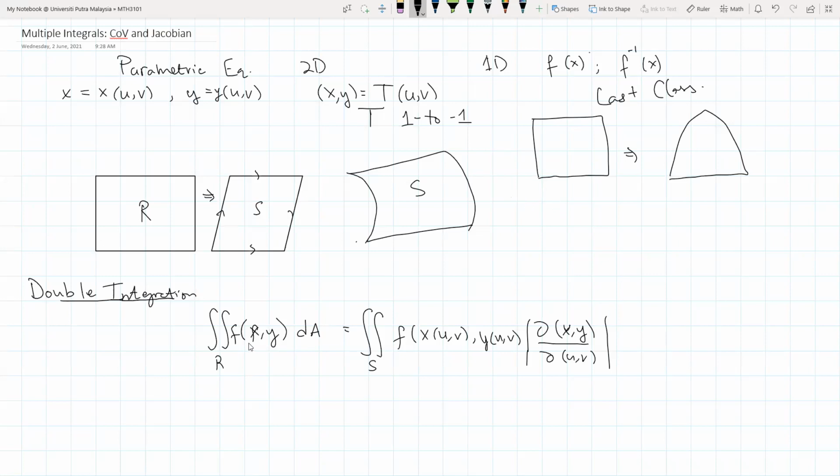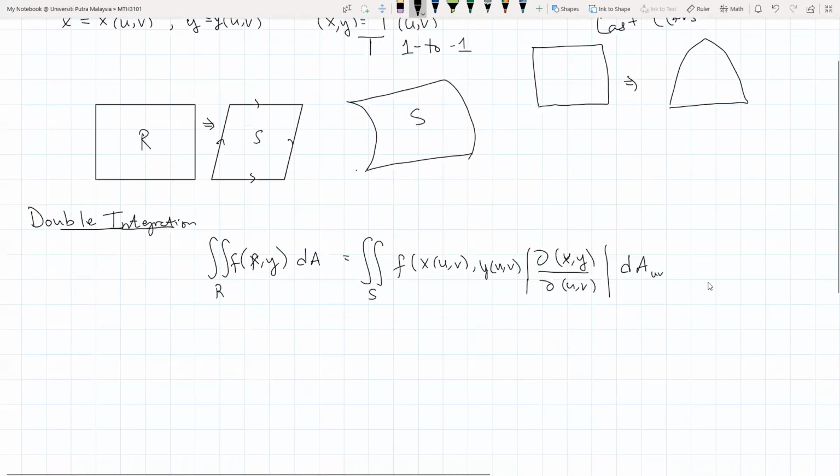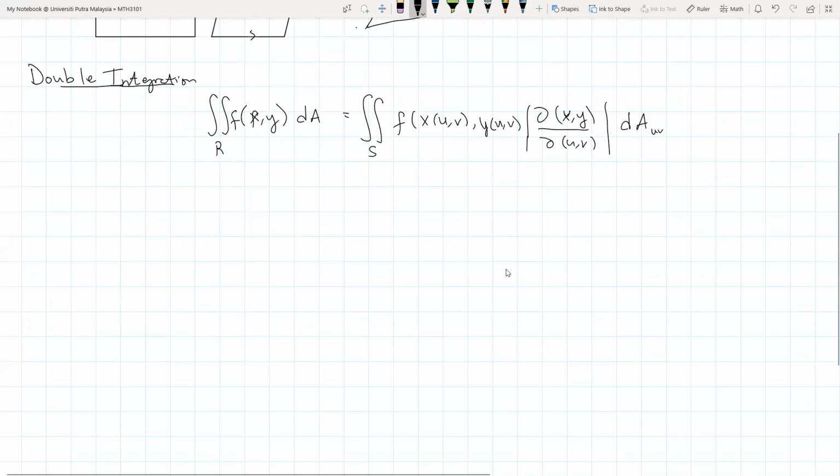Okay, so the double integration, if you want to do some change of variables in terms of general variables u and v, in this case, last time we did polar coordinates. So in this case, we need to multiply by the Jacobian, and this is dA in terms of u and v. The order is not yet defined, whether it is du dv or dv du. Okay, so what is this part?